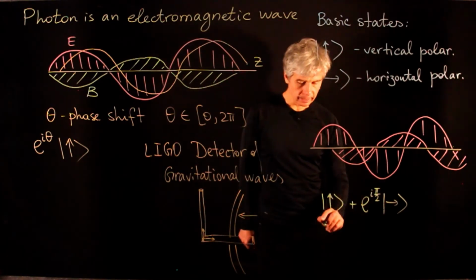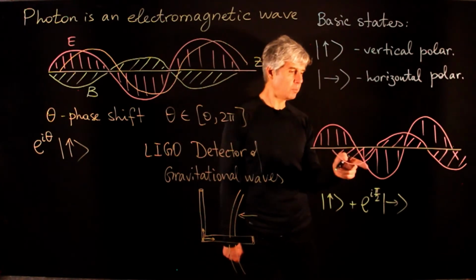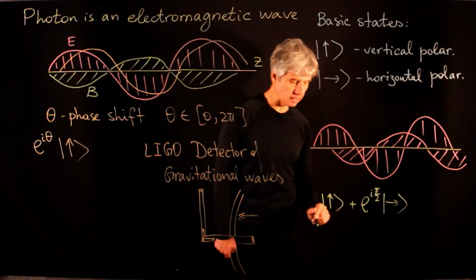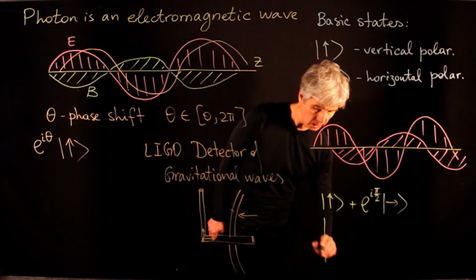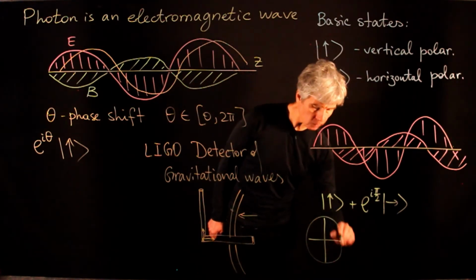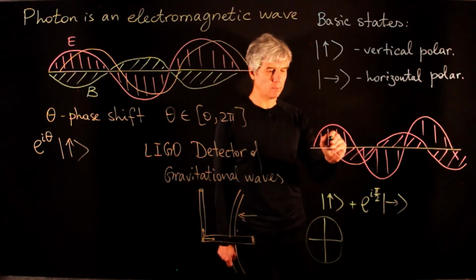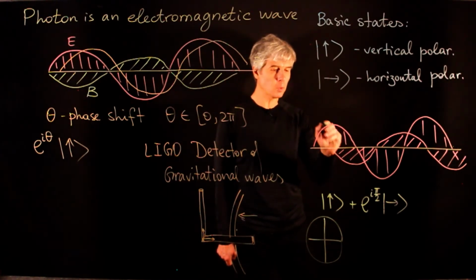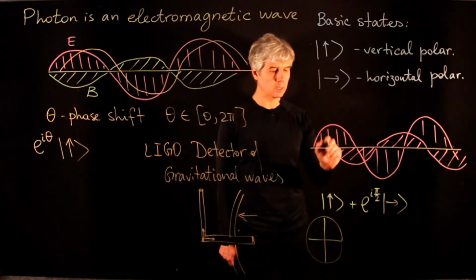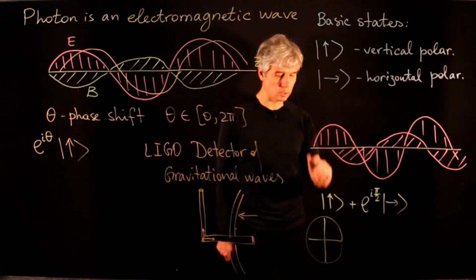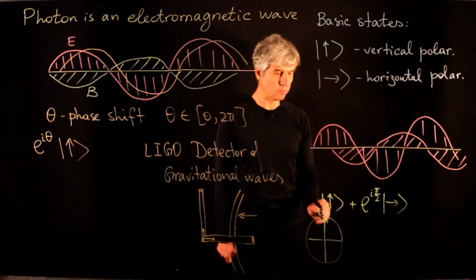Now, let's see what will be the direction of the electric field component for this composite wave. So at time t equals 0, we see that there is a vertical component to the electric field, but there is no horizontal component. So the direction of E is going to be vertical.